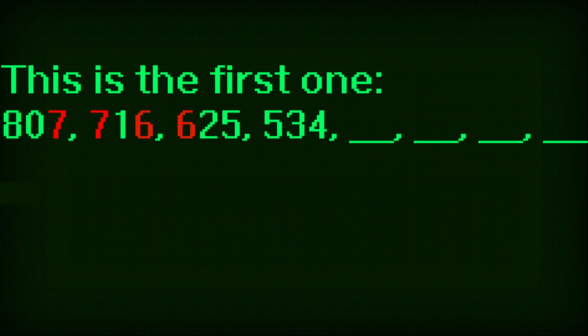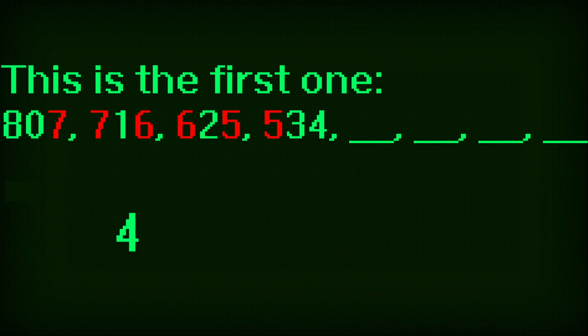Then in the same way 716 has the last digit 6, and the next number, 625, has the first digit 6. Lastly, 625 has the last digit 5, and the next number, 534, has the first digit equal to 5. Therefore, it only makes sense that the first digit of the next number is equal to 4, as the last digit of 534 is equal to 4.